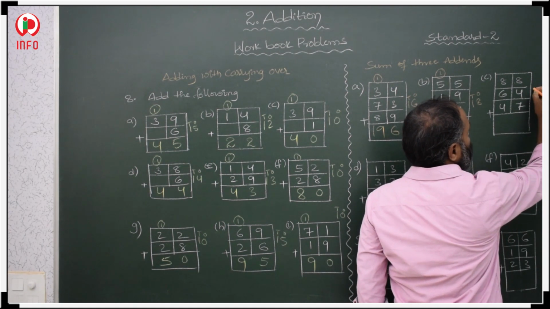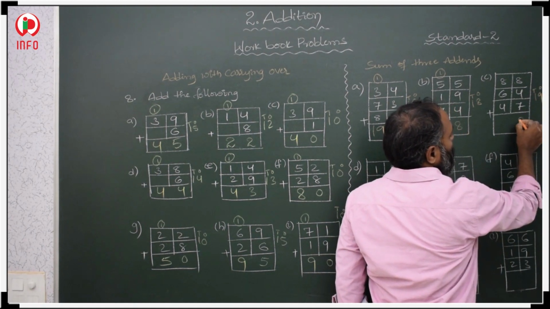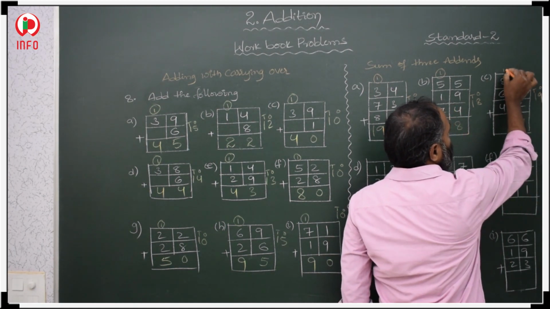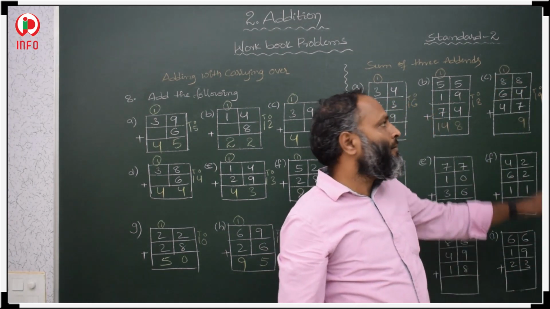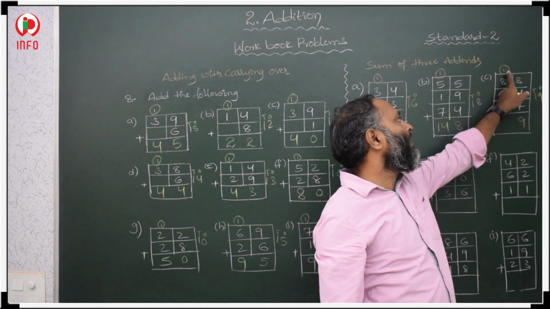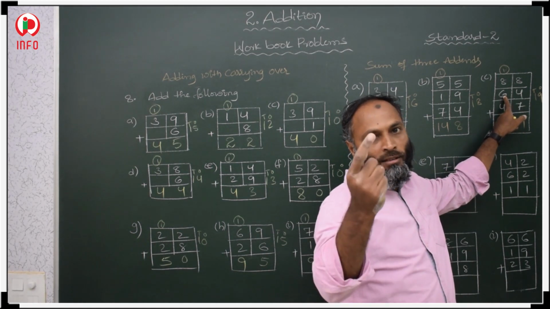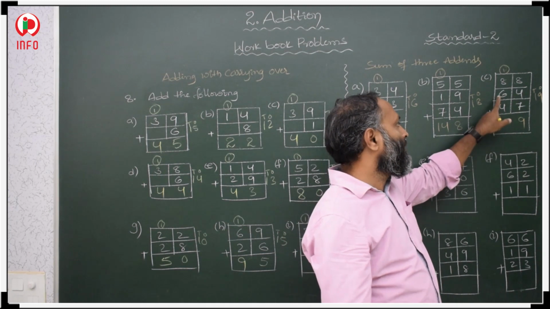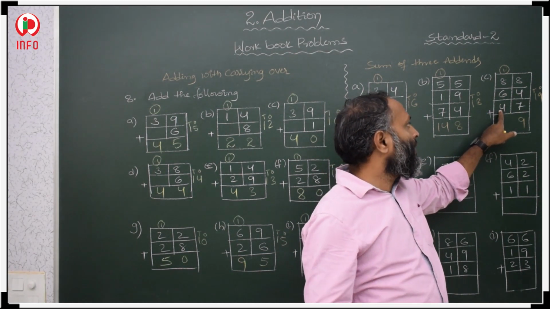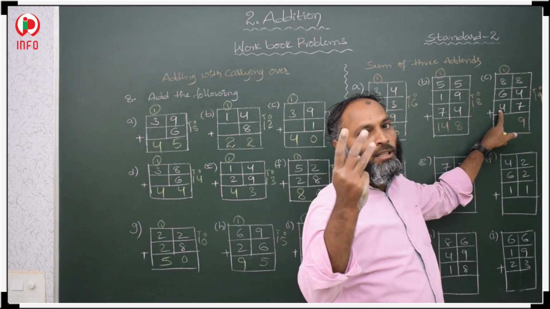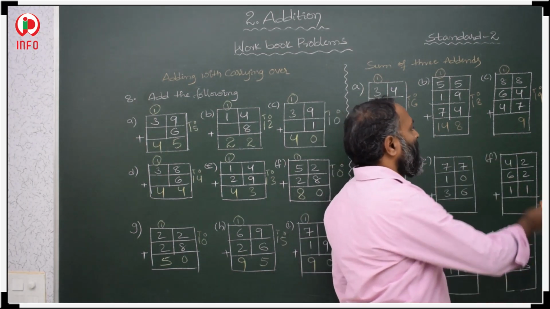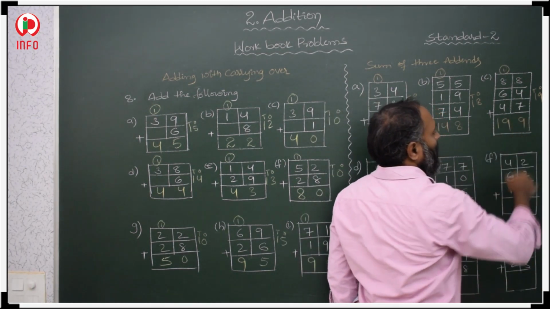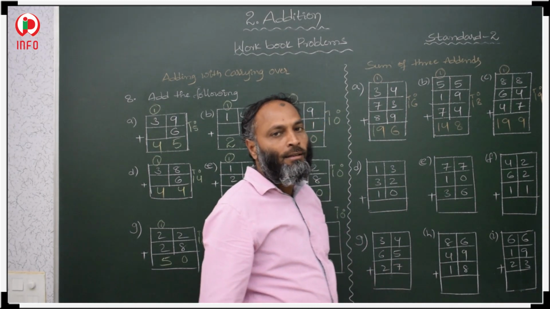This is in ones place, this is in tens place. 9 is in ones place, 1 is in tens place. 8 plus 1, 9. 9 plus 6: 9, 10, 11, 12, 13, 14, 15. 15 plus 4: 16, 17, 18, 19. So 199. 199 is our sum.